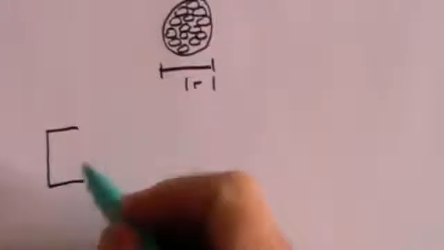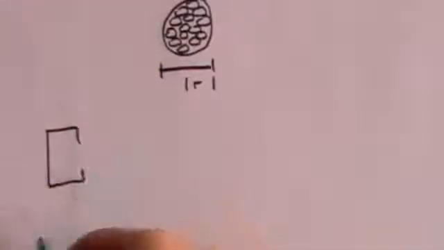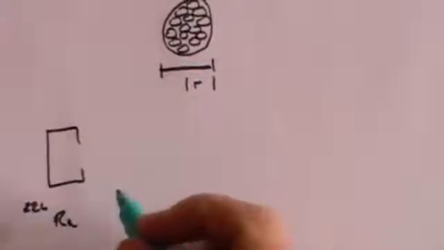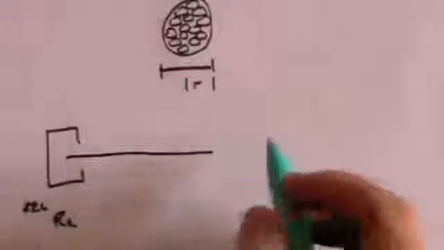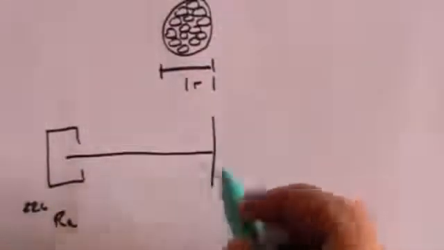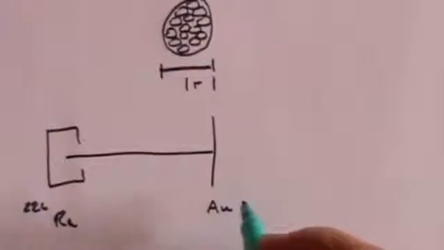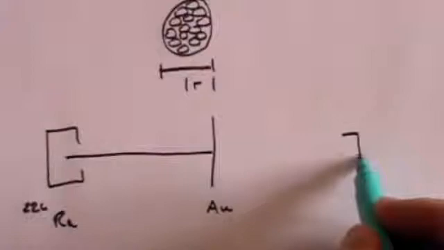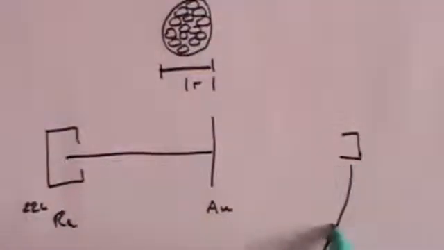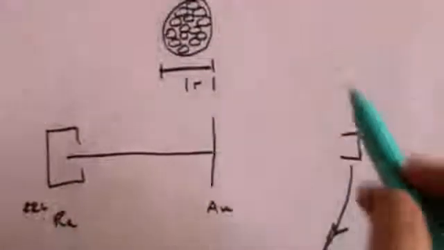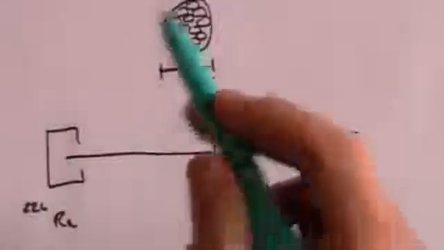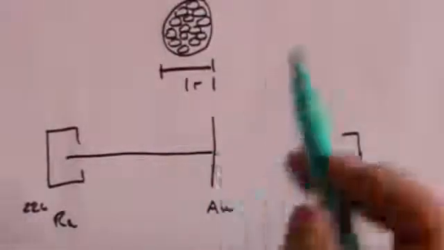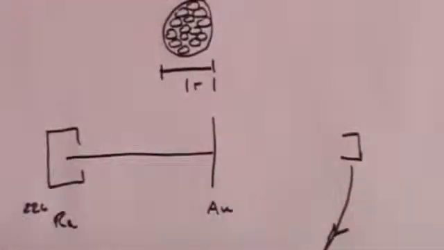Rutherford took an alpha source, radium-226, and the alphas were targeted at a very, very thin piece of gold foil. On the other side he had a detector on a swivel, so that he could move the detector right the way round in almost a full circle to detect whether alpha particles came off here, here, here, or wherever.